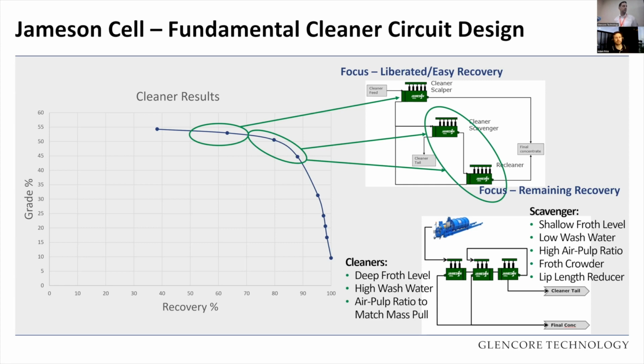Typically through here, the scavenger we would operate more aggressively because that has become the recovery unit. And the recleaner would likely have lower air rates than possibly your scalper due to, as I said, usually requiring less mass production. It would also have deep froth levels and a high wash water.